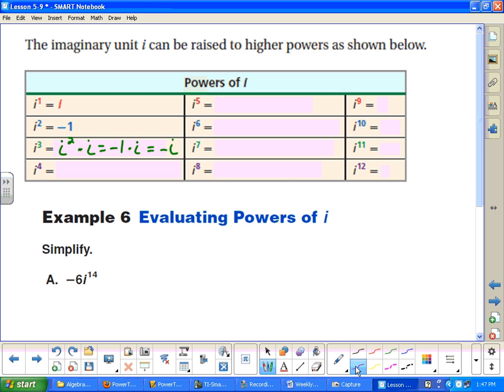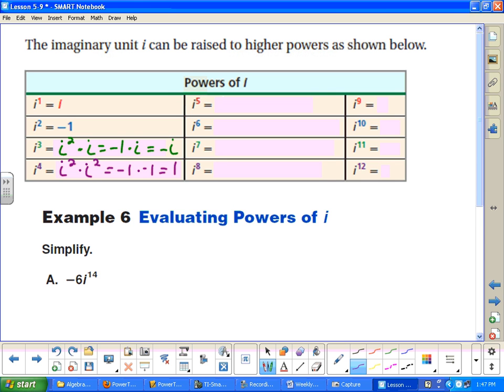Okay. So i to the 4th. I could say that's i squared times i squared, because 2 plus 2 is 4. So that means we have negative 1 times negative 1. Well, what's negative 1 times negative 1? 1.